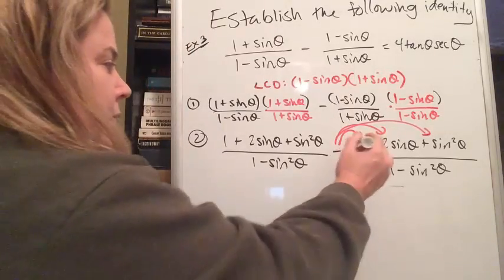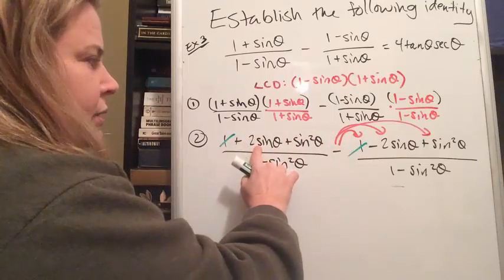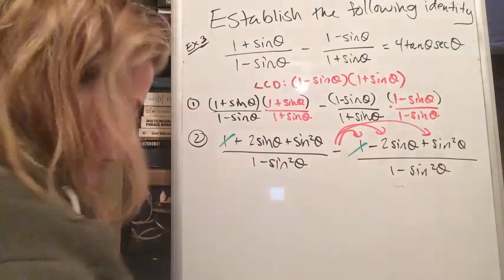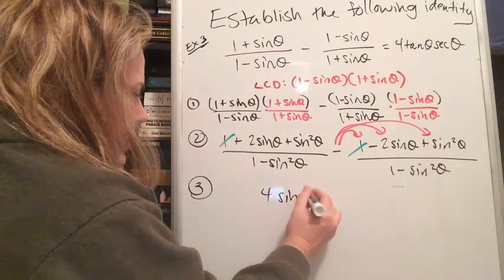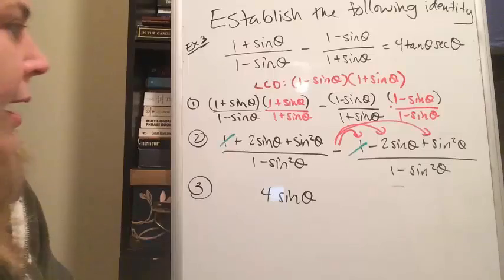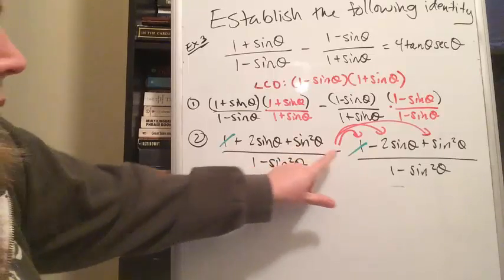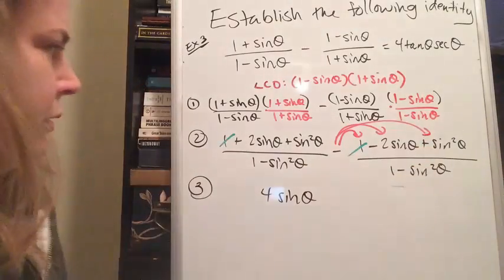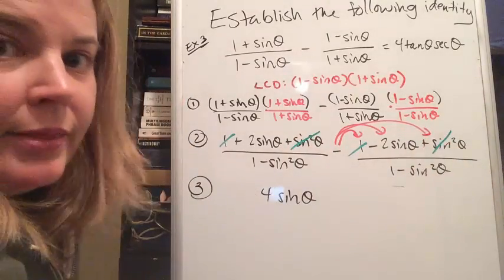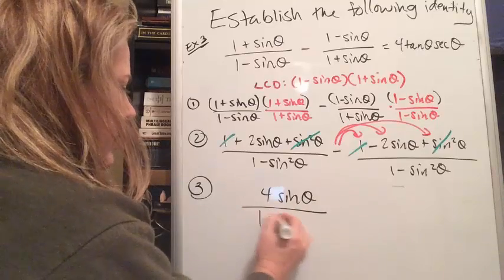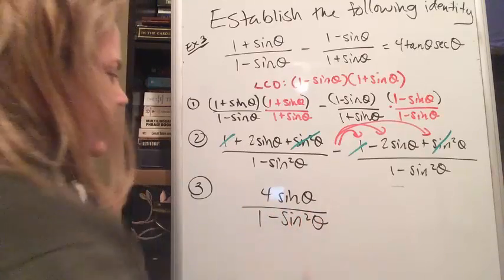And then it would be positive 2 sine minus minus 2 sine. So how many sines are there? 4 sine theta. And then we have positive sine squared minus sine squared, so the sine squared's dropped out. So we have 4 sine theta over 1 minus sine squared theta.